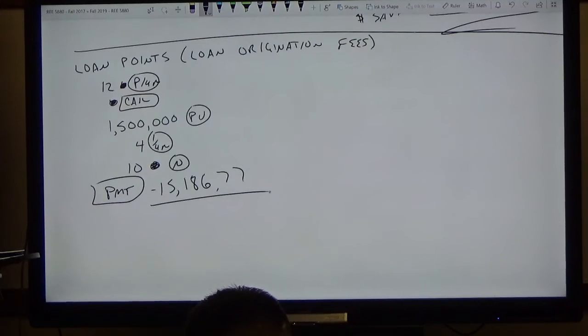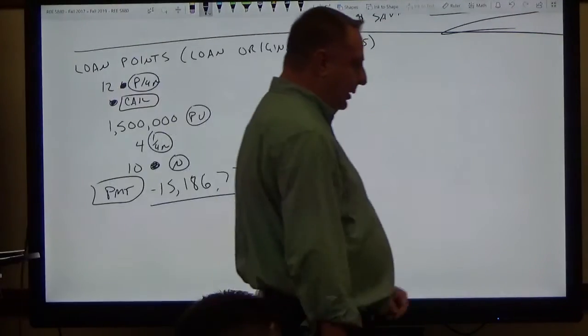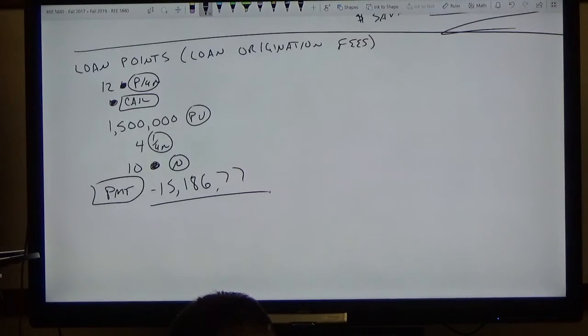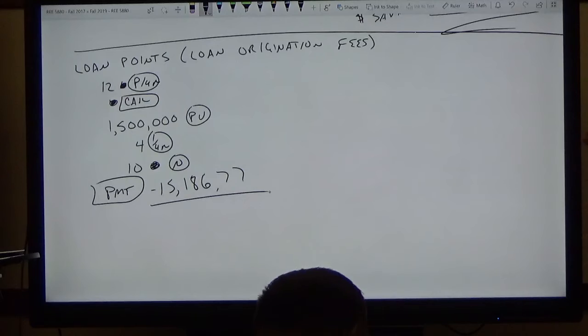So here's what we want to know. And this is why it's different than the one we had done on one of the previous quizzes. The lenders say to themselves, all right, instead of just saying I want some sort of discount point or loan origination fee in terms of a percentage, what I want to do is achieve some sort of yield.